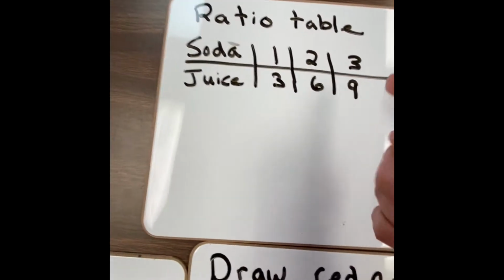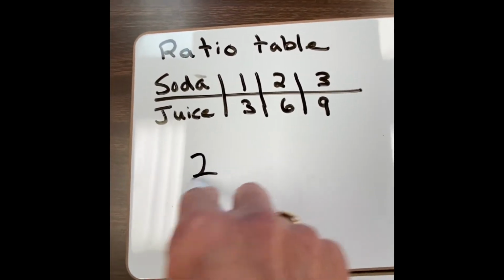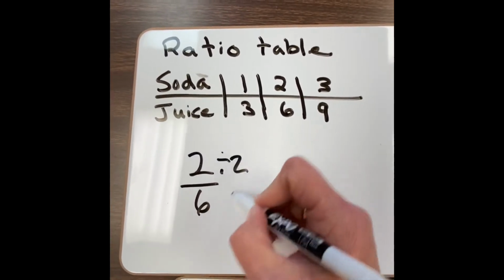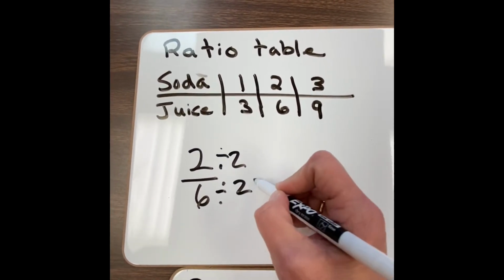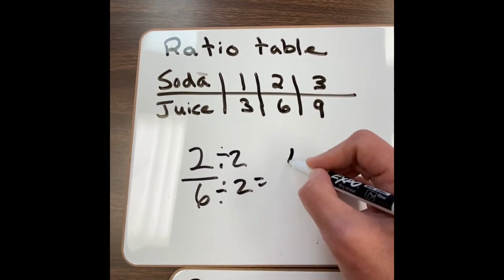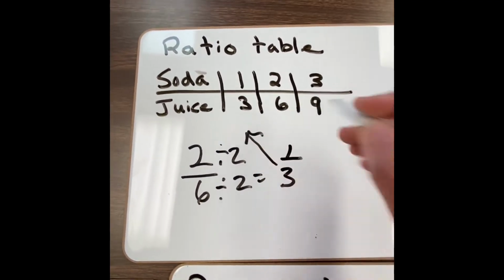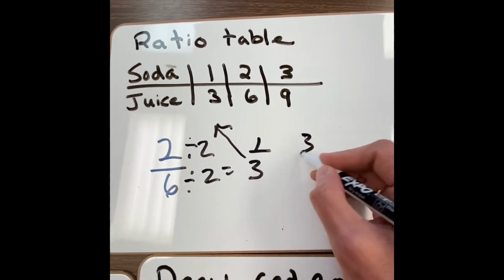If we take the ratio 2/6 and reduce it, if we divide this by 2, and we divide this by 2, what do we get? 2 divided by 2 is 1. 6 divided by 2 is 3. It takes you back to that beginning, doesn't it? Same way with 3/9.